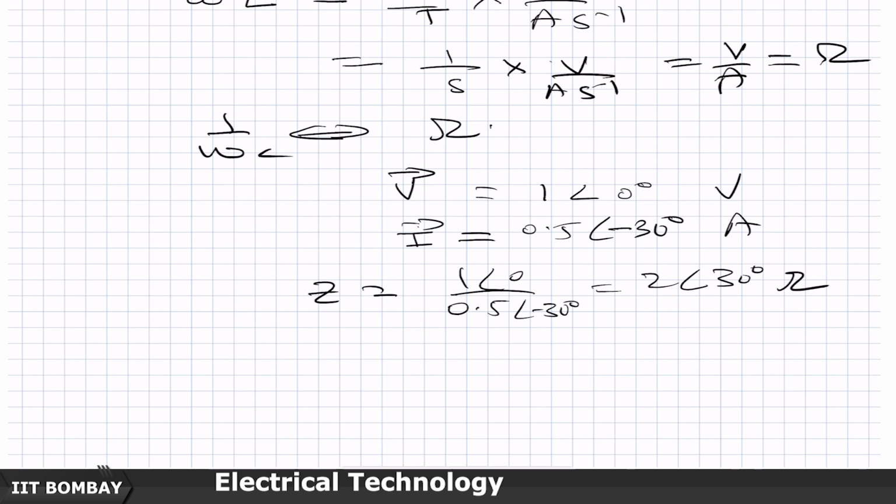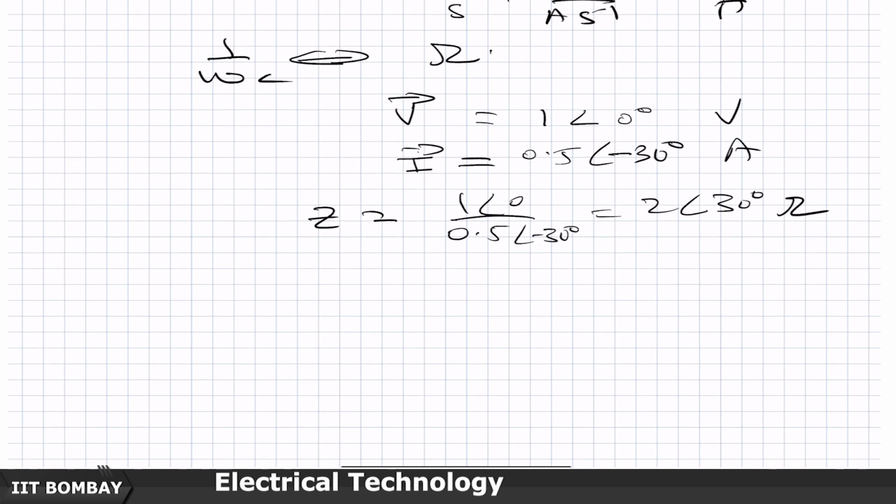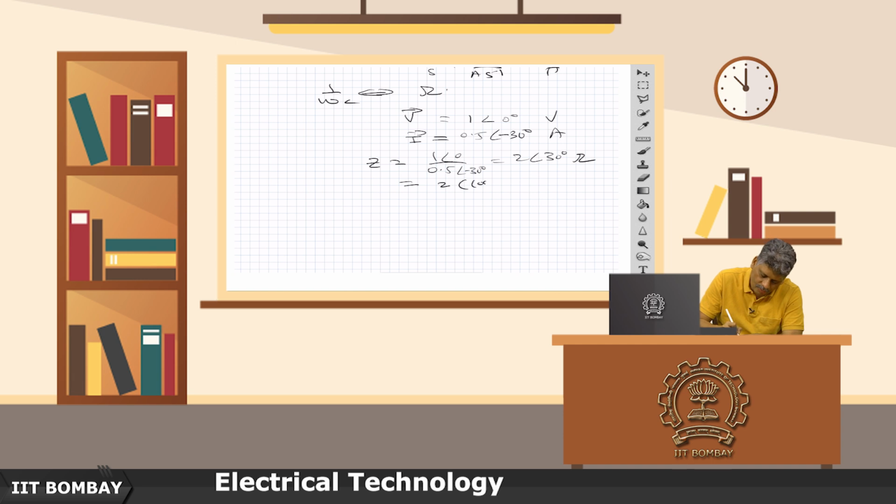The impedance is going to be in ohm, and so this is going to be 2 cos of 30 degrees plus the imaginary part. Now that I am writing it already as a complex number, I am going to use Euler's identity straight away. But I am going to come back and go deeper into this, so that you should not feel the disconnect.